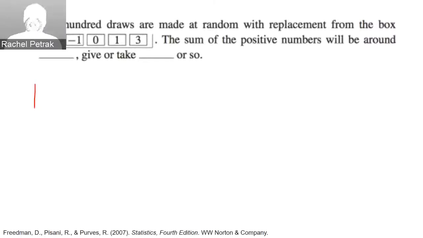We can visualize this idea more easily if we recode the tickets in our box. Let's recode our box to 0, 0, 0, because you can see -2, -1, and 0, none of those are going to count in our mathematics here. But 1 and 3 are positive numbers, so they do count.